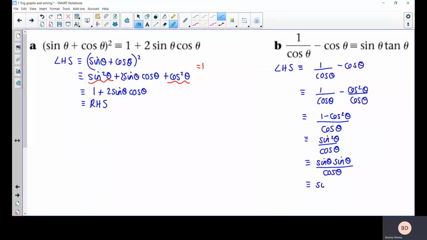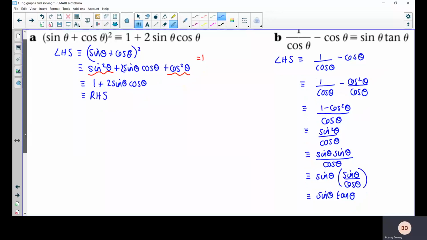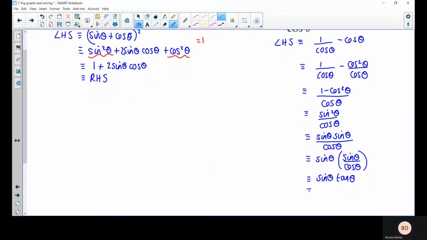And I could even just write a sine theta on the outside multiplied by sine theta over cos theta. And there I have the right-hand side. Once I change sine theta over cos theta to tan theta, that's the other identity there. So I am left with the right-hand side.